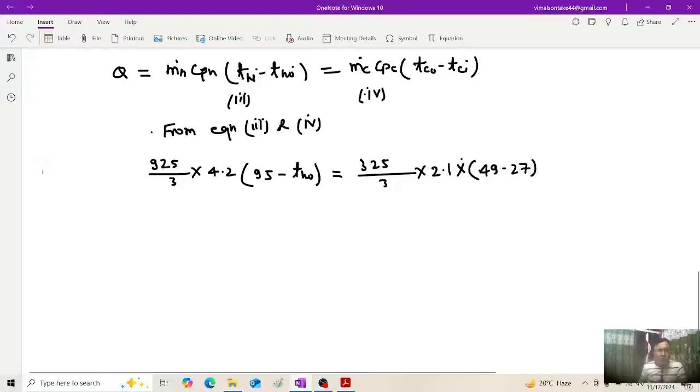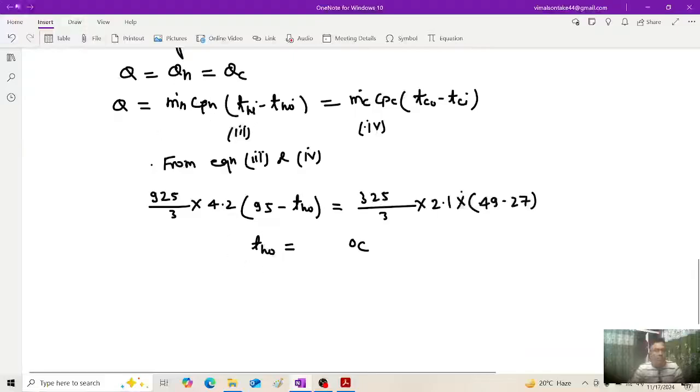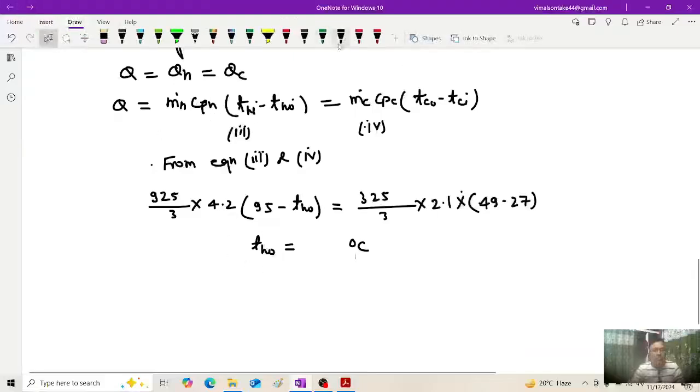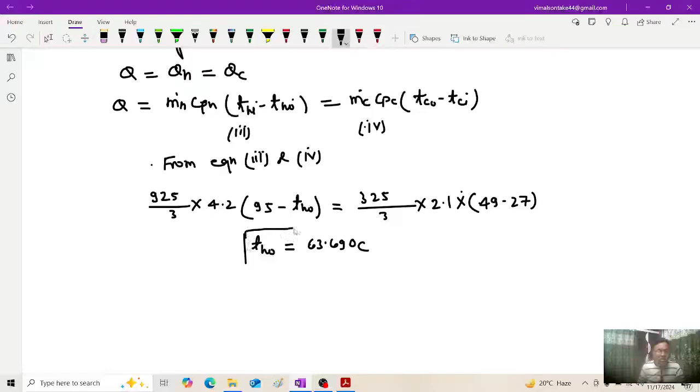So solving this energy balance equation will give me the value of THO. So this way we will be in a position to find out the fourth temperature. So this comes out to 63.69 degrees Celsius. The outlet temperature of the hot fluid is this.